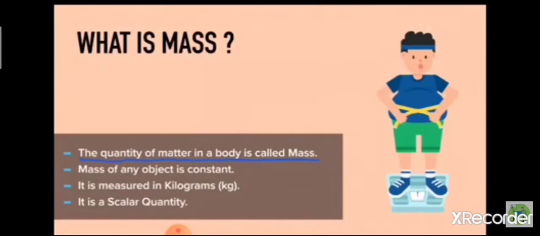So the second point is, mass of any object is constant. So what does this mean? It means that your mass on the earth or your mass on the moon will be same. Constant means same. So the mass will be same on the moon as well as on the earth.